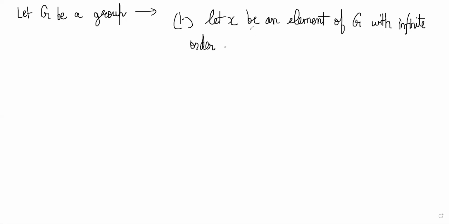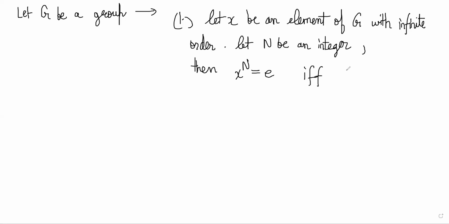Let n be an integer, then x power n is equal to e if and only if n is 0.